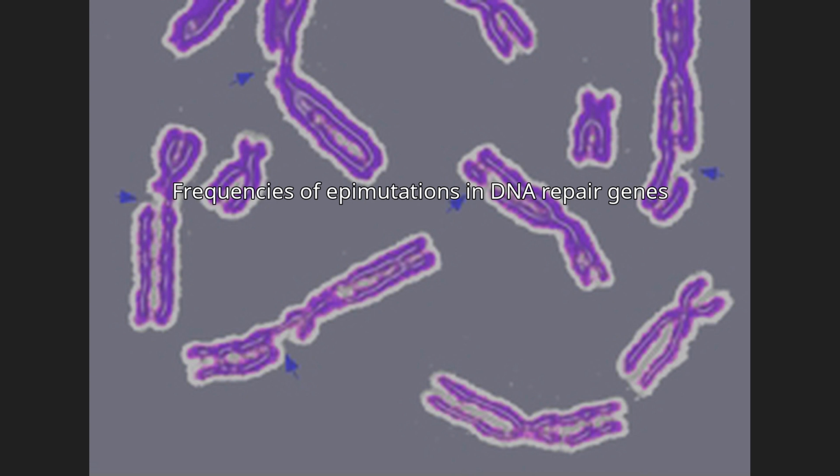For example, when 113 colorectal cancers were examined in sequence, only 4 had a missense mutation in the DNA repair gene MGMT, while the majority had reduced MGMT expression due to methylation of the MGMT promoter region and epigenetic alteration. 5 different studies found that between 40% and 90% of colorectal cancers have reduced MGMT expression due to methylation of the MGMT promoter region.